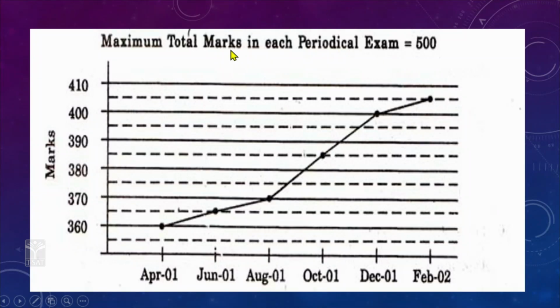Here there is a maximum of total marks in each periodical examination, a 500 marks examination, so it is given 500.